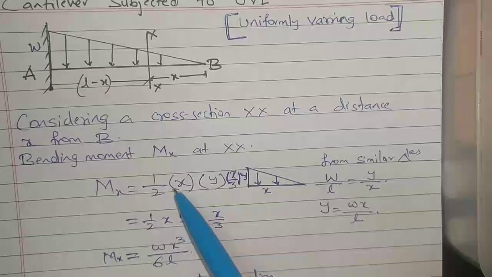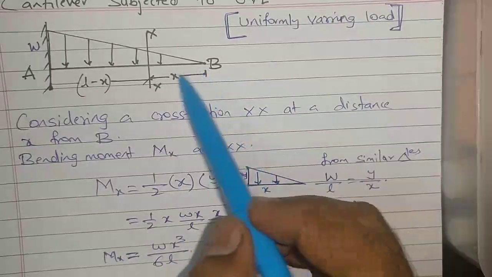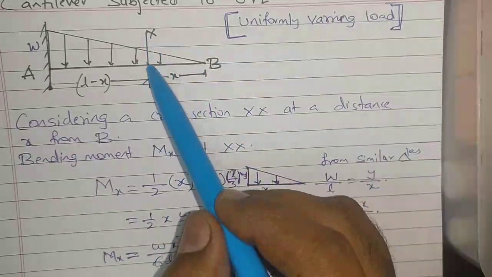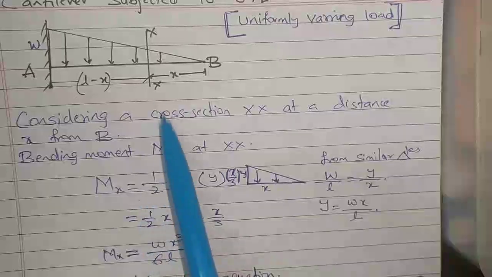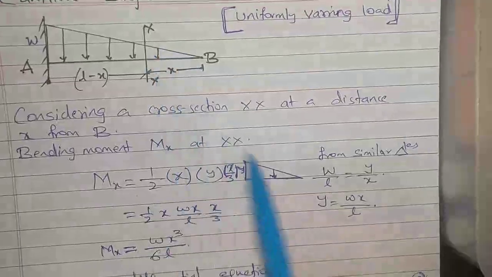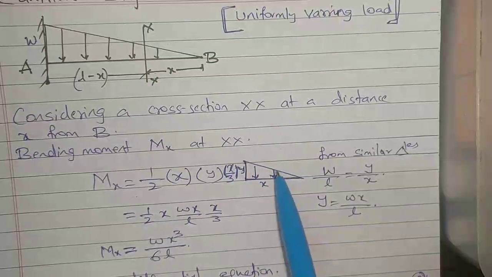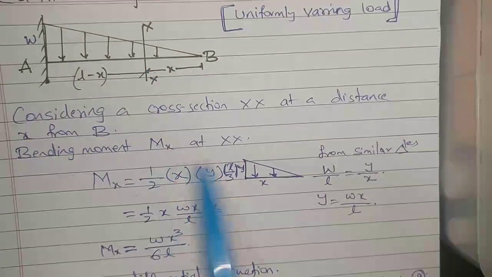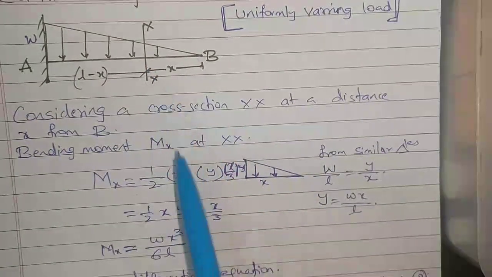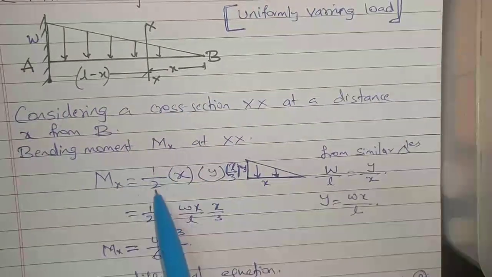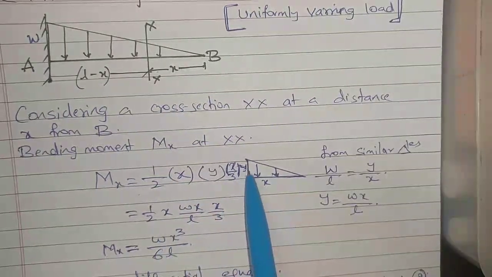So again the same thing, at a distance x you have to find out Mx. See what we have done. This part is this one. So what is the moment here? Force into distance. Now force is area, half into x into this y.